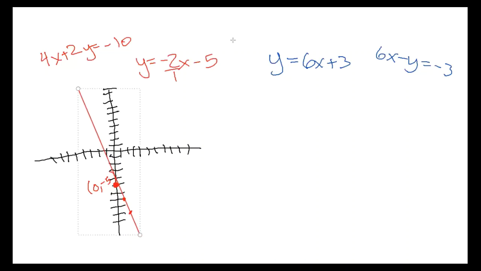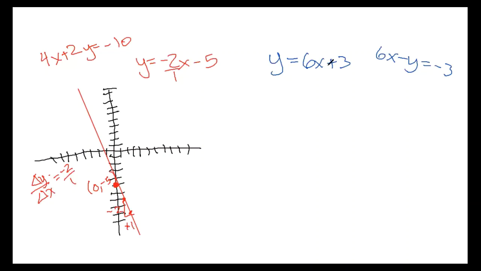For our line, we have a change in y of -2 and a change in x of +1, so change in y over change in x is -2 over 1.